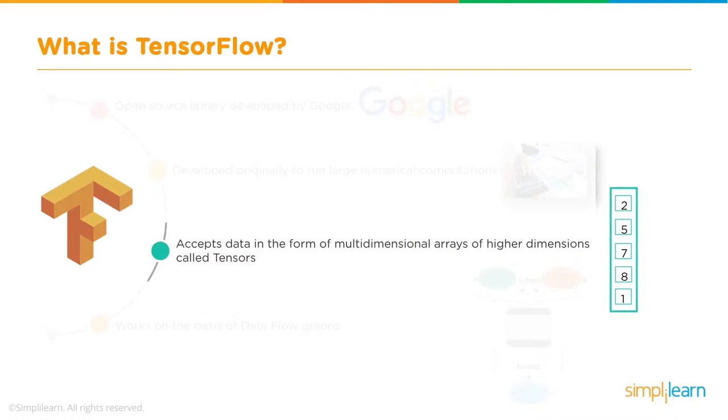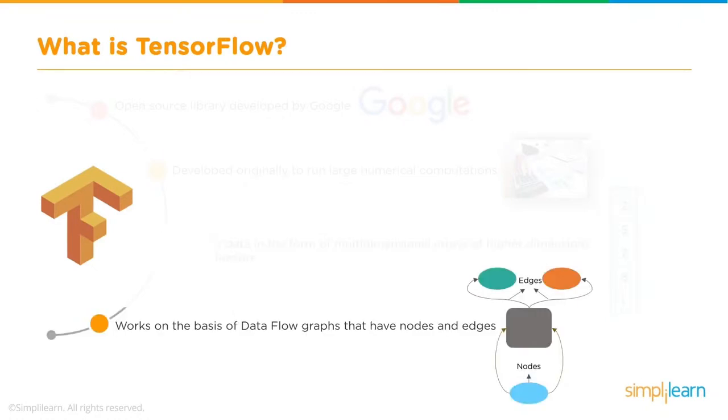These are like multi-dimensional arrays, and they are very handy in handling large amounts of data, and we will see that as we move forward. And then of course the execution mechanism is in the form of graphs, which makes it much easier to execute this code in a distributed manner across a cluster of computers and also using GPUs and so forth. So that's a quick overview of what TensorFlow is.